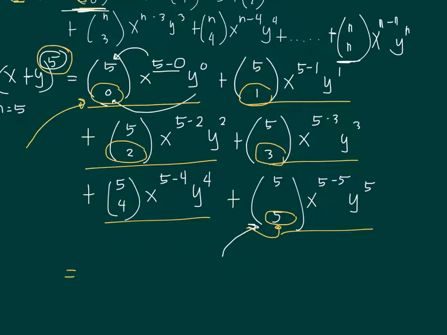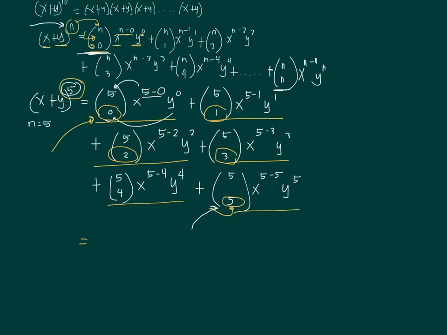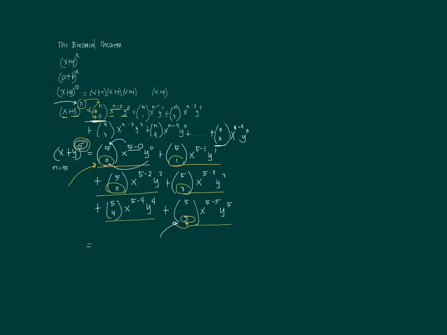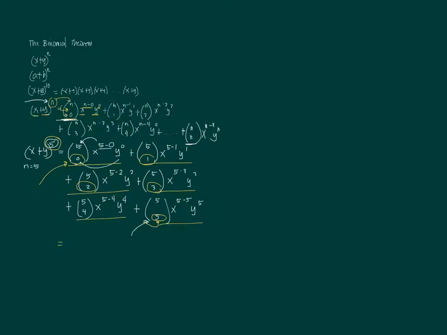Now 5, 0, so let's have a side note here. When you work with 5, 0, this is actually 5 C 0, and this can be calculated using a calculator.